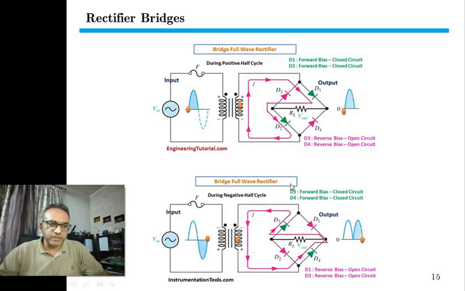In both cases, either positive or negative, we can see that the current always enters the RL through one side and always exits through the other side. Hence, the output voltage will always remain unidirectional, positive. If we reverse connect all 4 diodes, then we will get a reverse, negative output voltage.